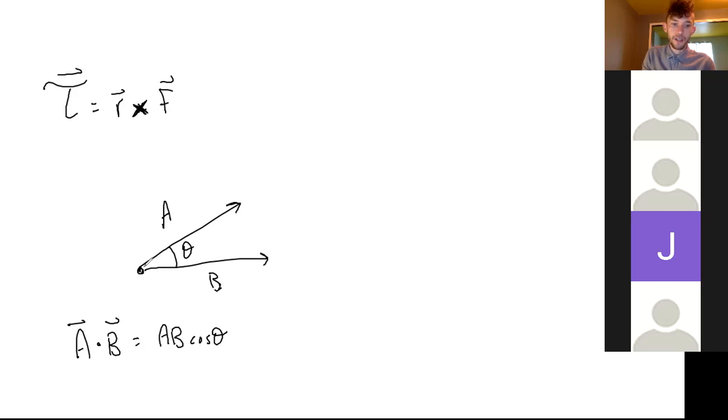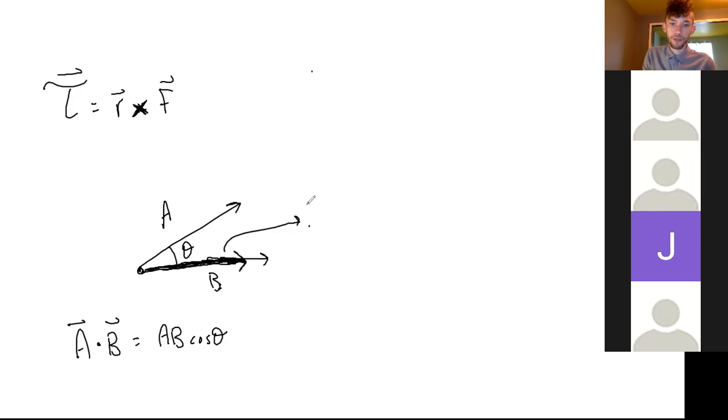And you can see here that if I break A down into components, this is the component right here of A that lies along B. And what would that value be equal to right there?